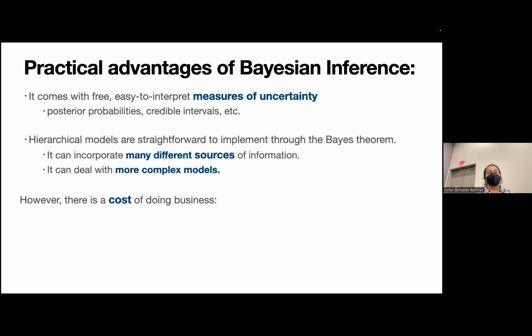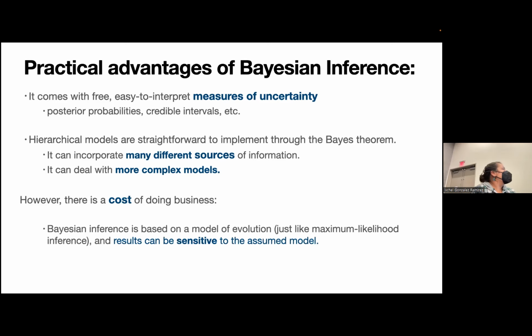However, it sounds really good, but there's some cost associated with it. And I hope after this talk, I'll convince you that this cost is worth the effort, okay? But some of the cost of approaching inference with models is that our results are sensitive to the model that we assume, right? So there are like two steps that sometimes are hard to separate when we're specifying a model.